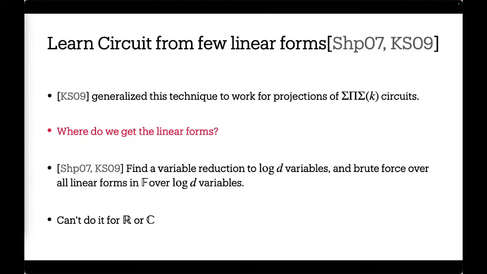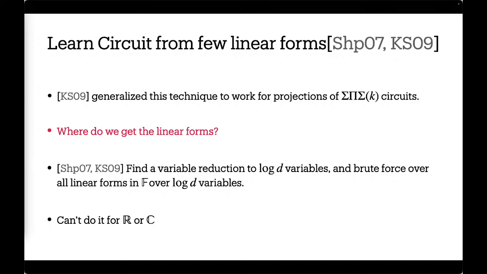And once you are in the log D variate case, you basically brute force over all linear forms in the field that depend on log D variables, and that is where you get the quasi-poly in the field size running time. And you can naturally not do it for infinite fields and large fields.